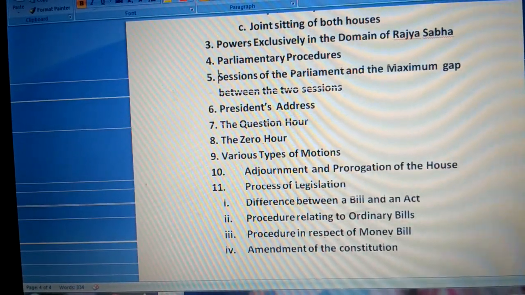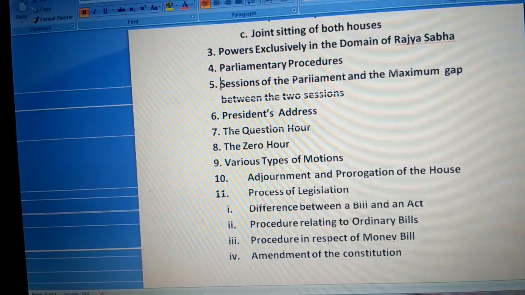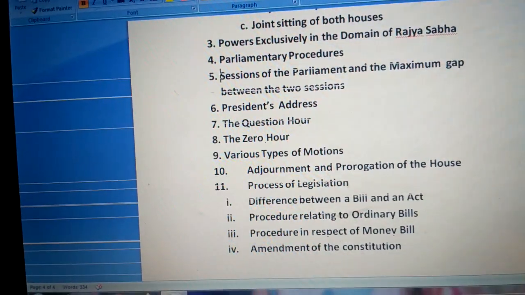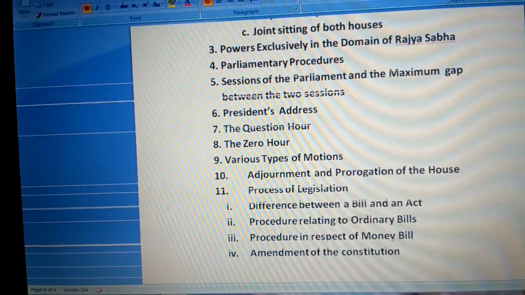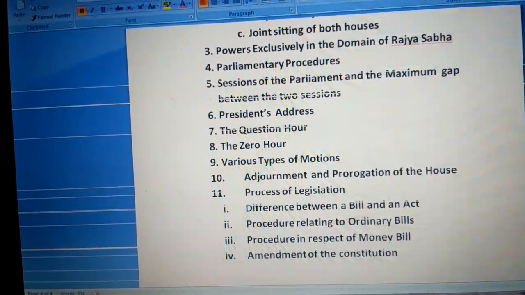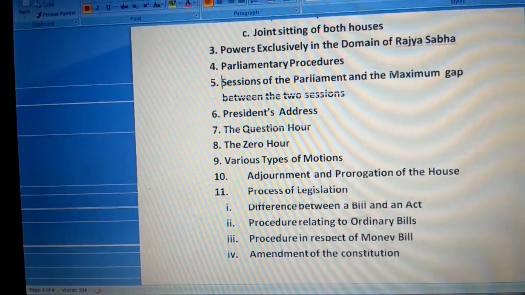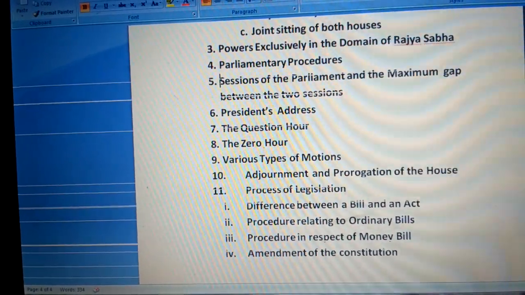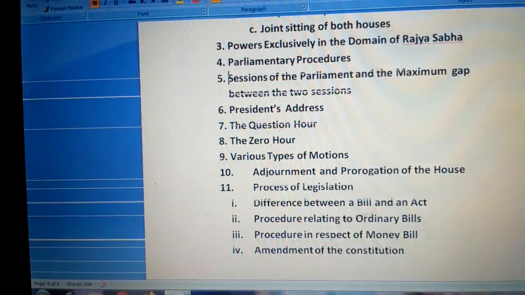So what is the maximum gap? 6 months. Okay. In other words, parliament should hold at least 2 sessions in a year. Normally 3 sessions are held in a year.